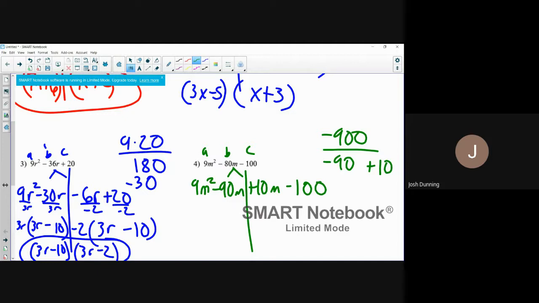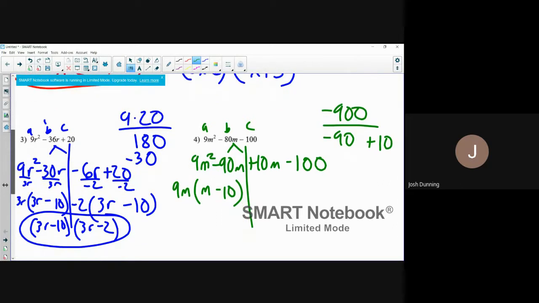We got 9m as my GCF here on the left. And I don't have to, like I said, worry about my signs as much now because I already have plus and minus, so I can just divide them both by 10.